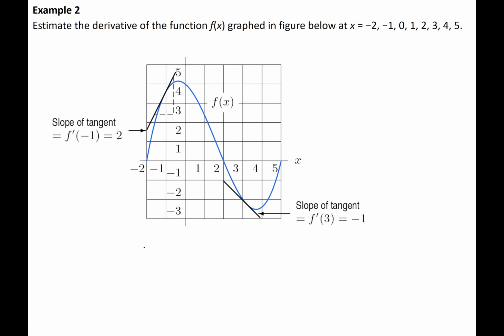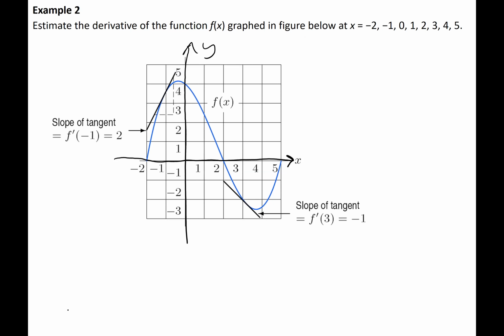This is from your textbook. And we want to look at x equals -2, -1, 0, 1, 2, 3, 4, 5. And I think at -1, the job is done for us. So that you make sure you know these values. This is y. And this is x.